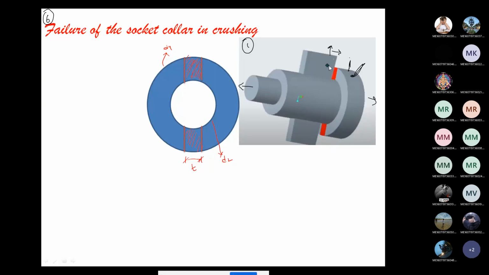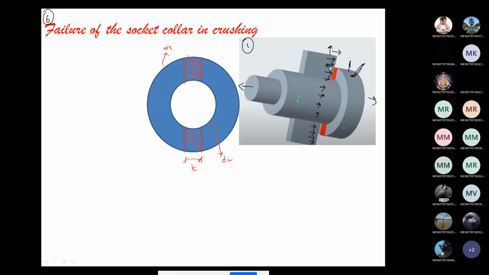This cotter is hitting the surface of the socket collar in this manner. That's the reason behind this cotter a red color shape is appearing. This red color is referred to as the failure area.